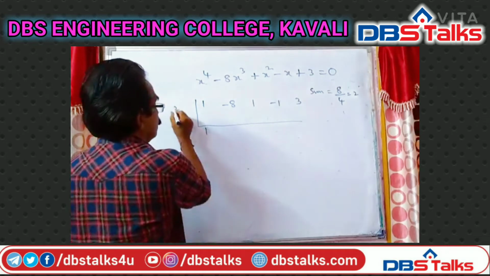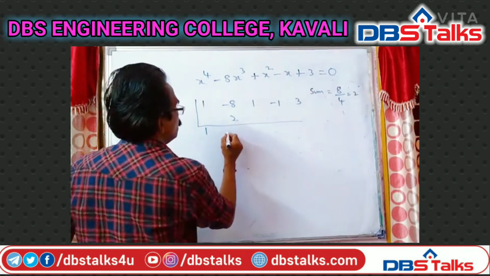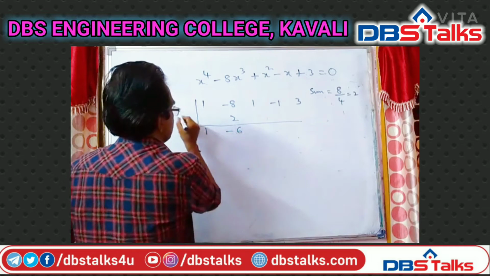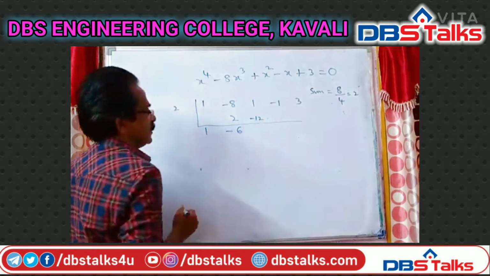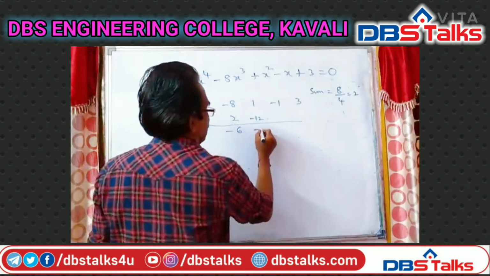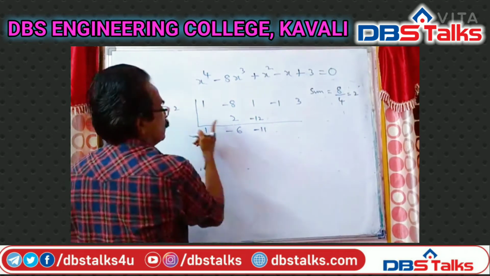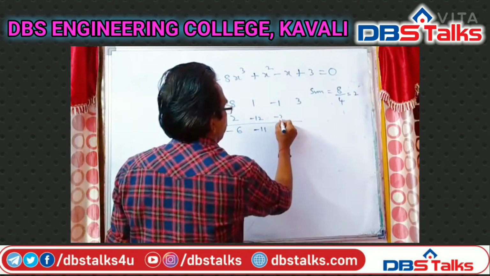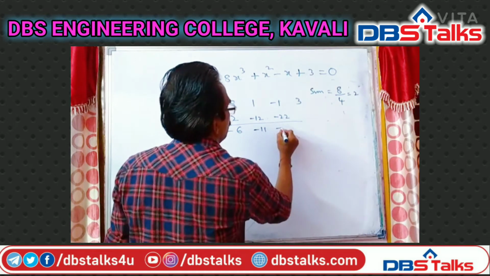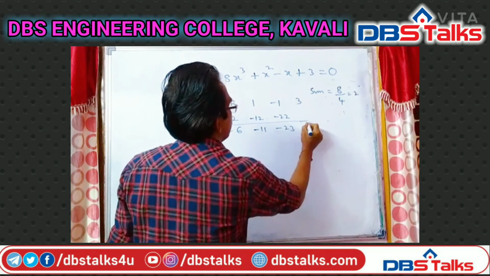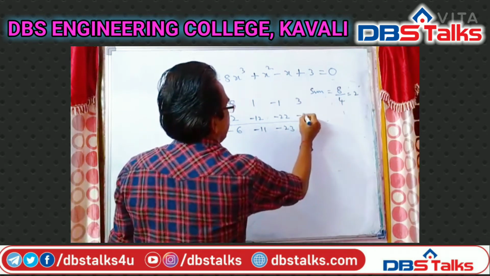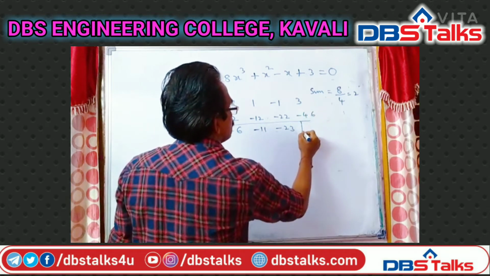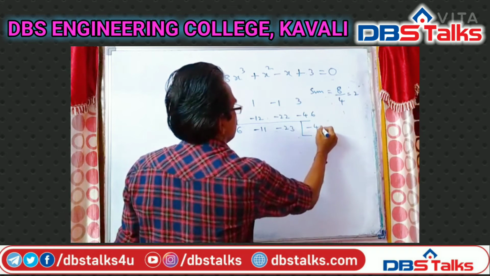1; 2 into 1, 2; minus 6, minus 12? no: minus 6 plus 2 is minus 4? Let us follow: 1, 2 into 1, 2, minus 6, minus 12, minus 11; 2 into minus 11, minus 22, minus 23; 2 into minus 23, minus 46, so minus 43 here.